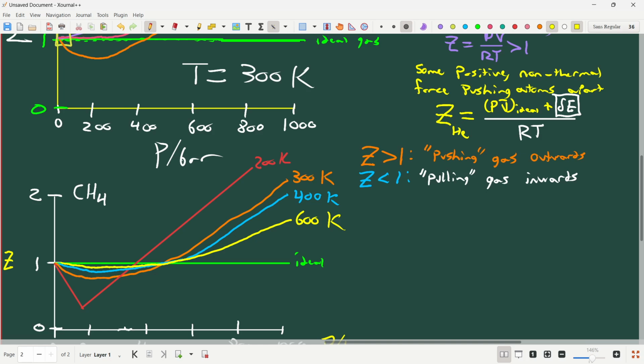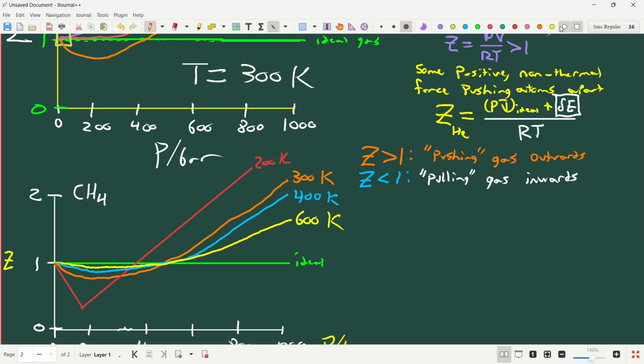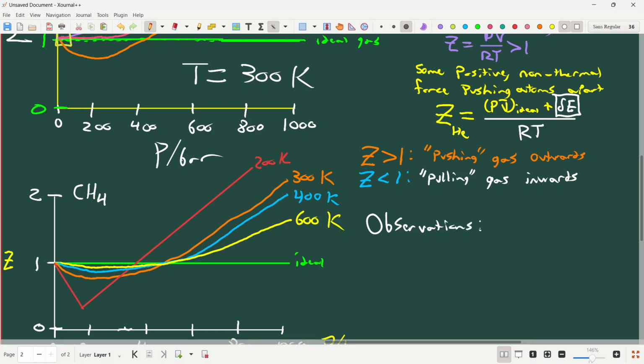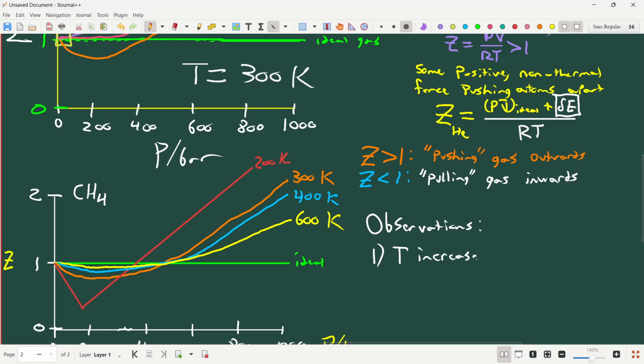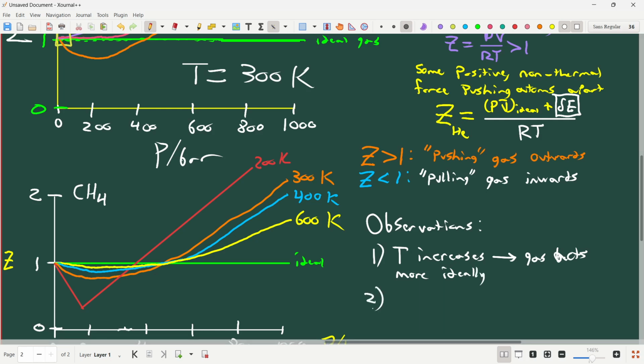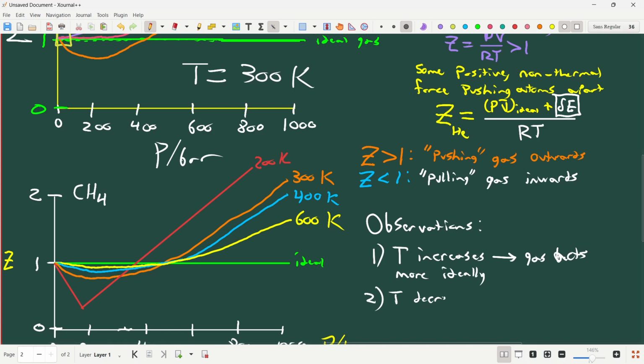So what can we say about this? What are some observations we can make? One, as T increases, gas acts more ideally. And two, as T decreases, deviations become more extreme.